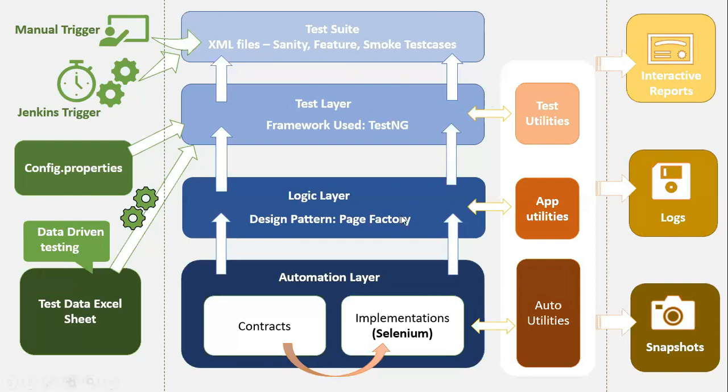Also, if you observe, I have introduced multiple utilities. At each layer level, there is some utility available. Like at the test layer, there are test utilities. At the logic layer, there are application level utilities. And at the automation layer, we have automation utilities. I can give you certain examples. For automation utilities, we have something known as wait utils, right?